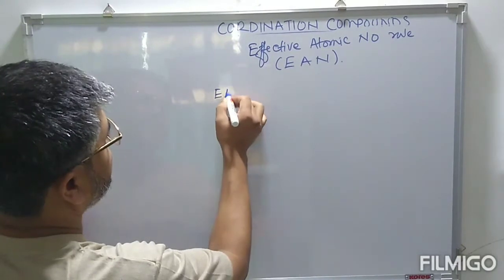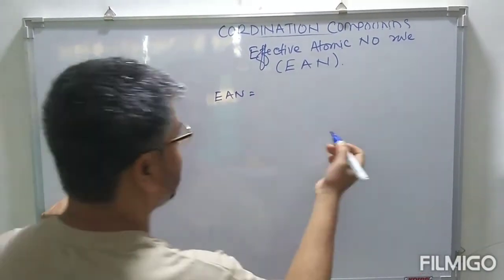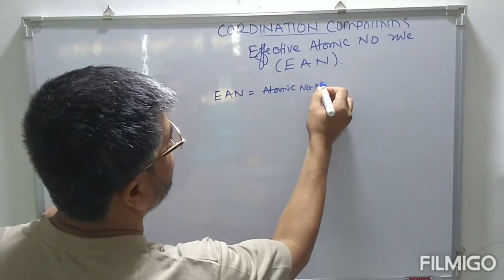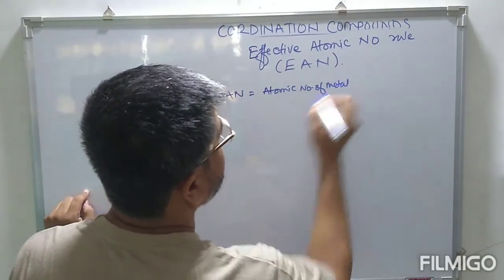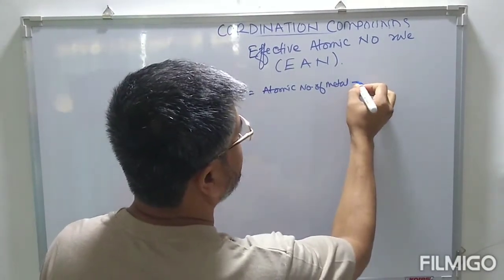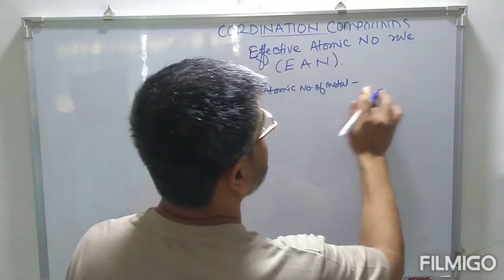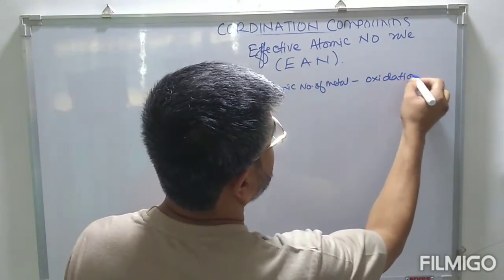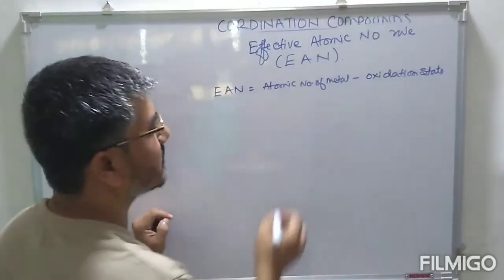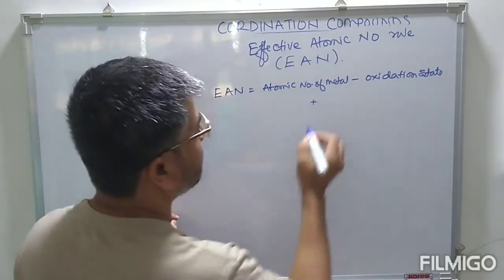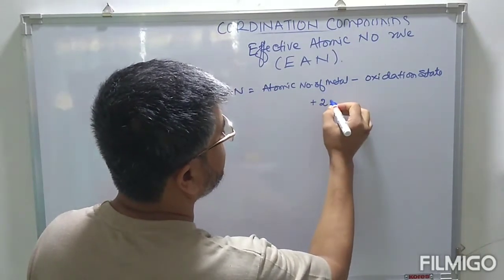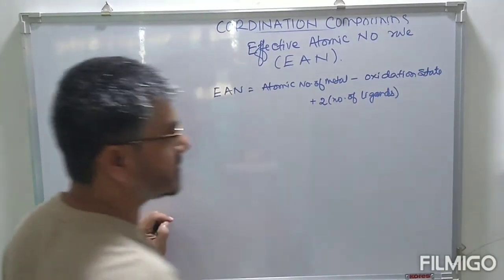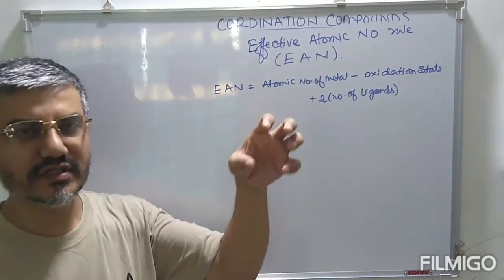So this EAN, just from example point of view, is the atomic number of metal minus the oxidation state of metal in the complex plus 2 times the number of ligands, because each ligand atom will donate a pair of electrons.